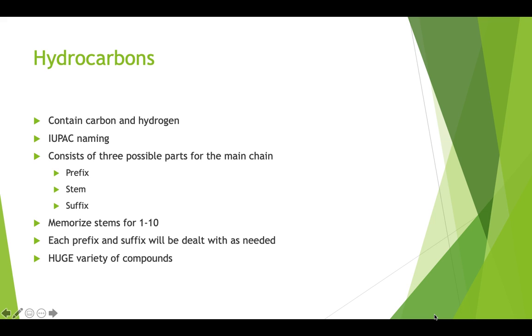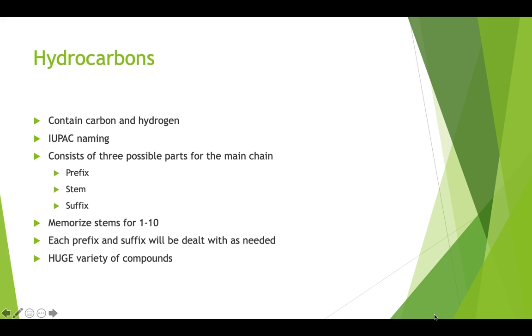IUPAC, the International Union of Pure and Applied Chemistry, has set up a set of rules that we use for naming. And it consists of at least three possible parts, and it could have a couple more depending on how deep we get into it. The first part is a prefix, and that is used if there's a ring or something like that.